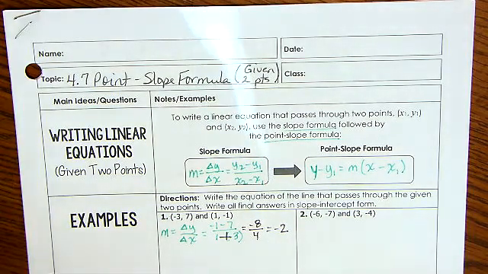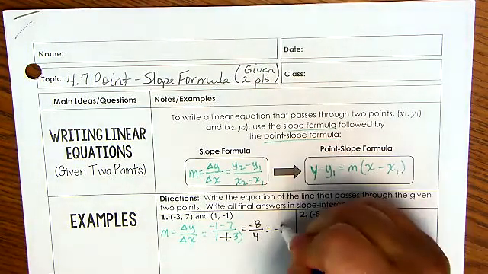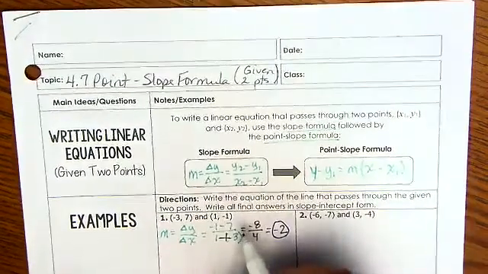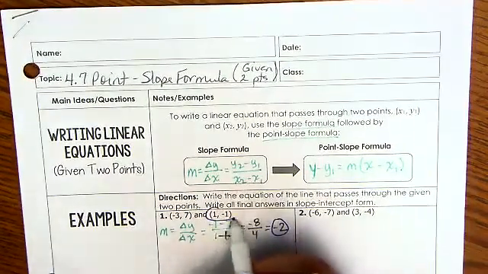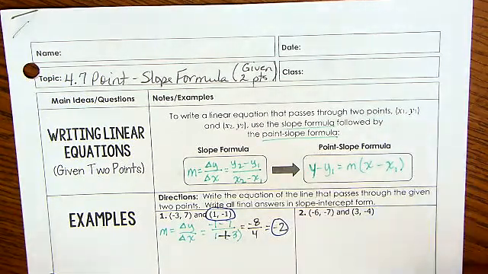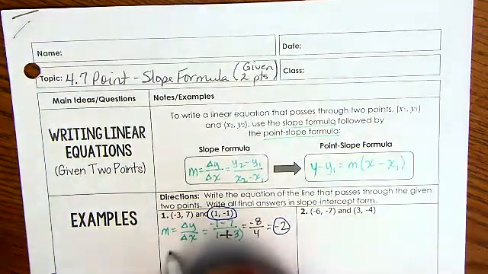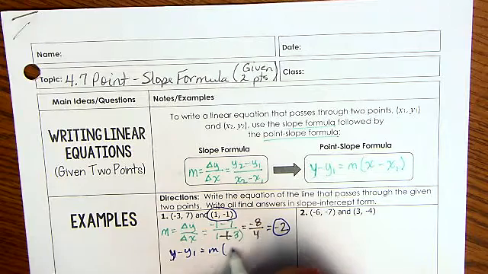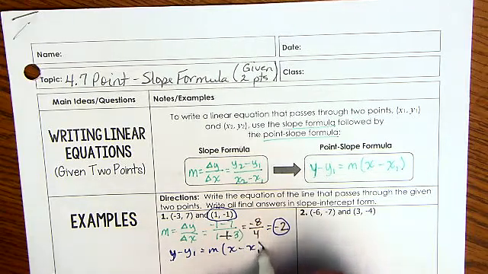And I'm going to take what m equals, and I'm going to pick one of my points. I'm going to pick the one that's got smaller values. And I'm going to plug it into the point slope formula, which is y minus y sub 1 equals m, open parentheses, x minus x sub 1.